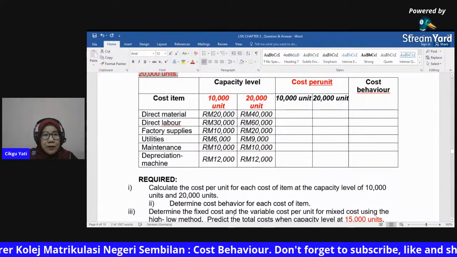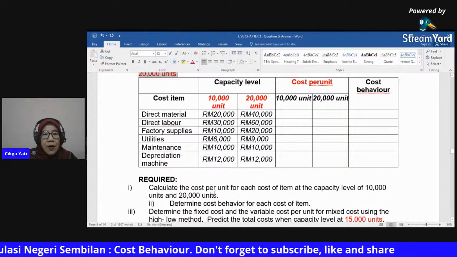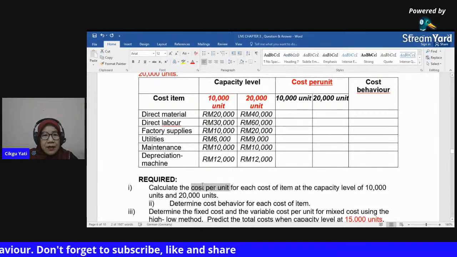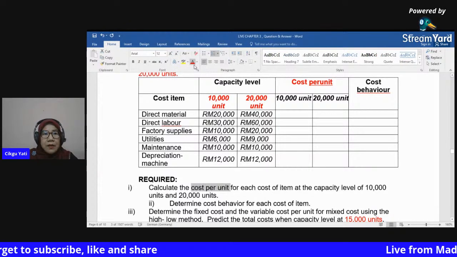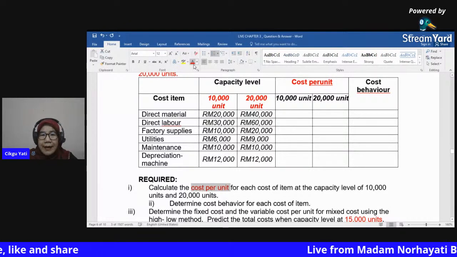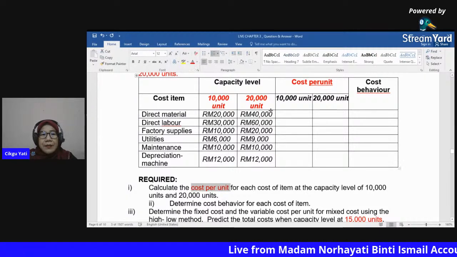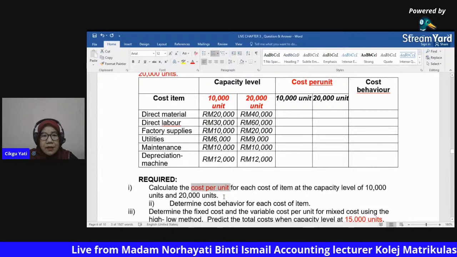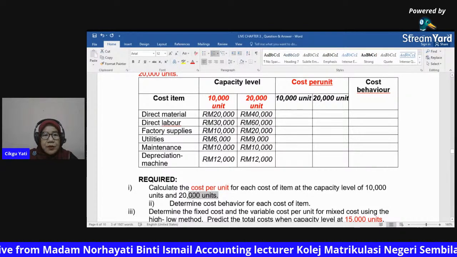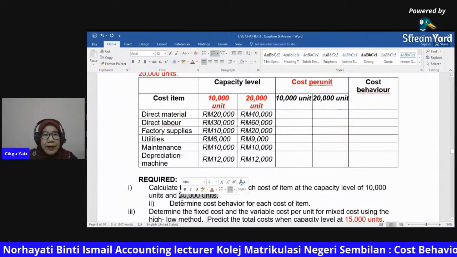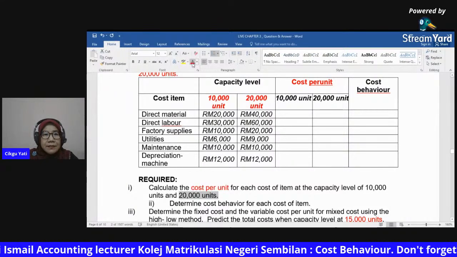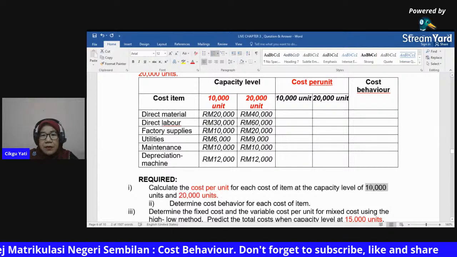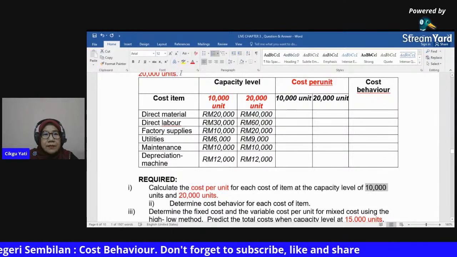You are required to calculate cost per unit. Here it asks you to calculate cost per unit for each item, for the two levels, 10,000 and 20,000. Why do you want to calculate cost per unit? Because you can classify that item as either fixed cost, variable cost, or mixed cost.